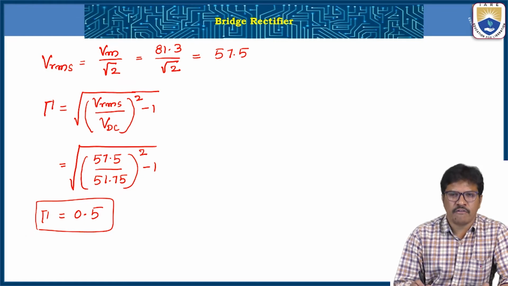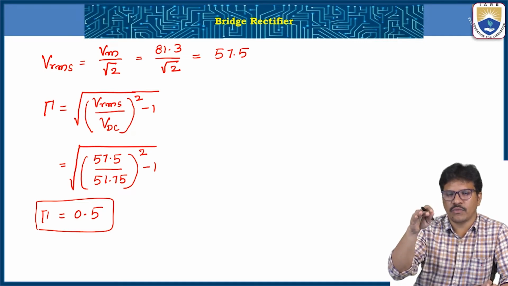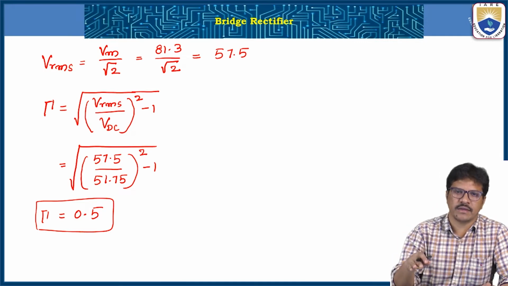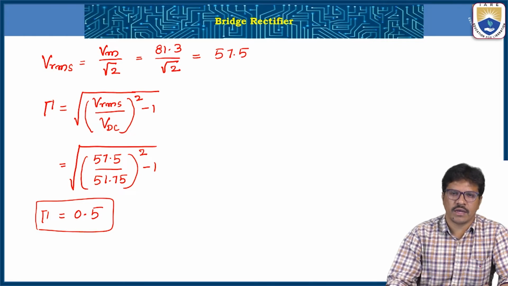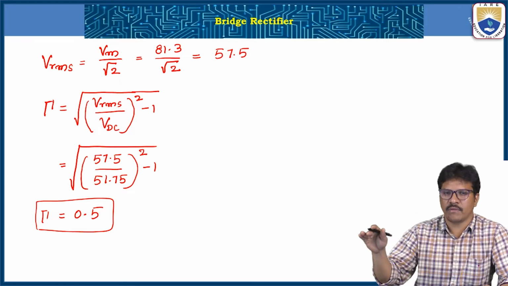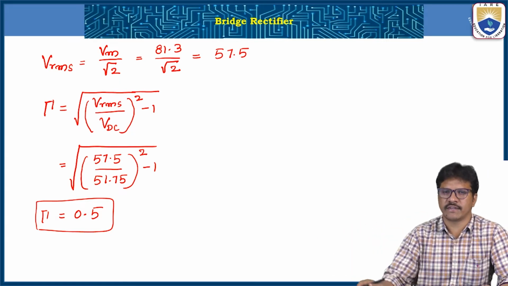When compared with the half wave rectifier, where we got 1.21, the ripple factor has been reduced. Basically, designers expected the ripple factor to go down from half wave to full wave and bridge rectifier.